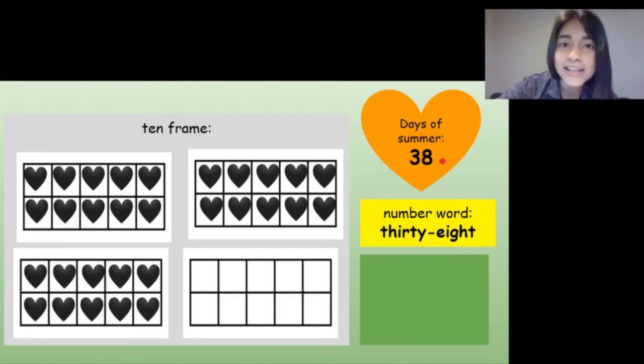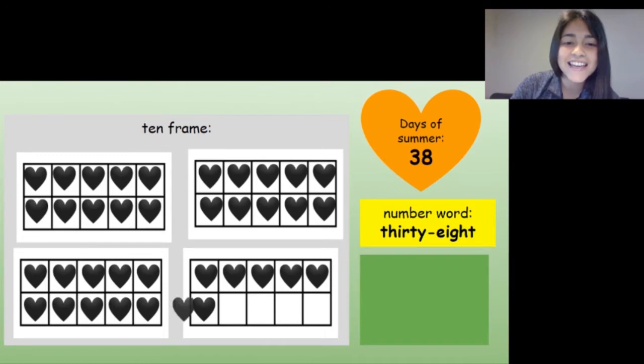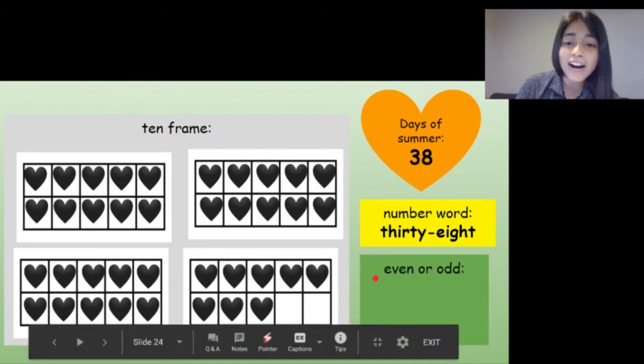How many 1s do I need? Yeah, I need 8 1s. Let's go ahead and bring those over. And let's count on from 30. So here we go. 30, 31, 32, 33, 34, 35, 36, 37, 38. That's it.